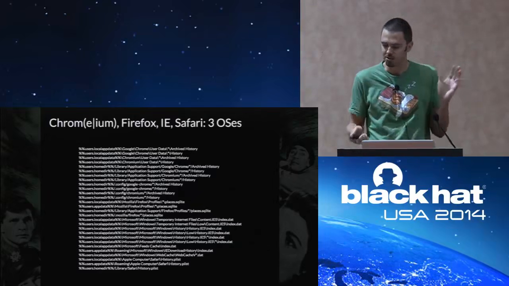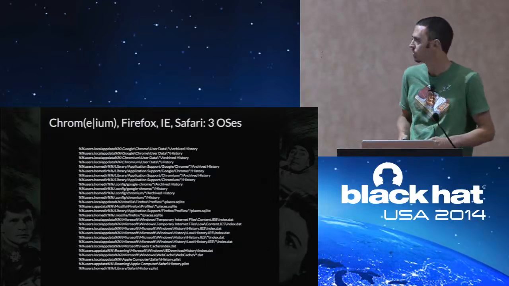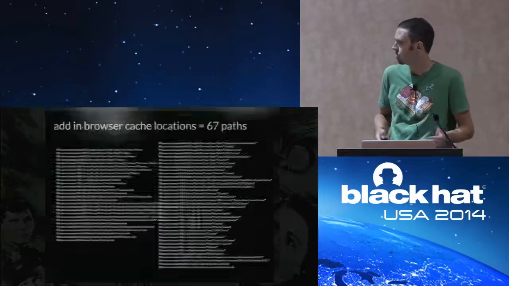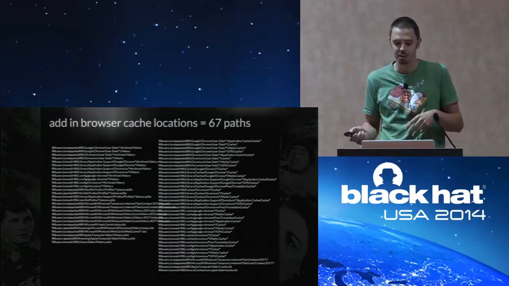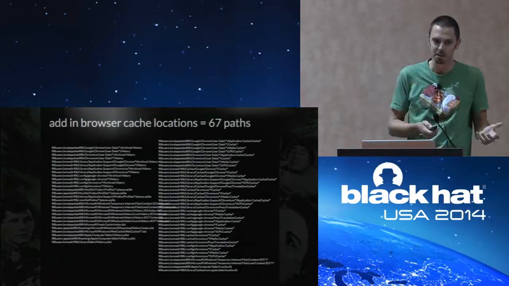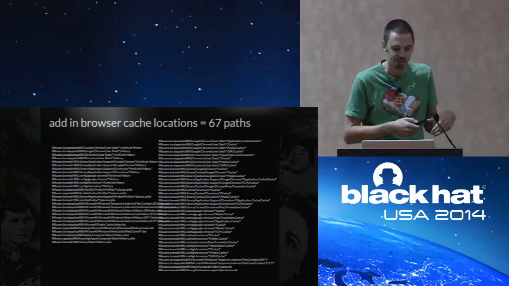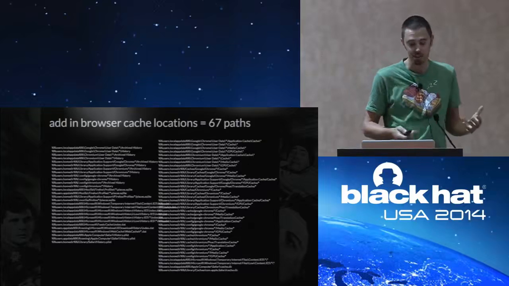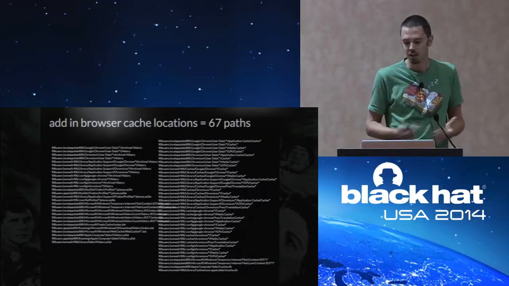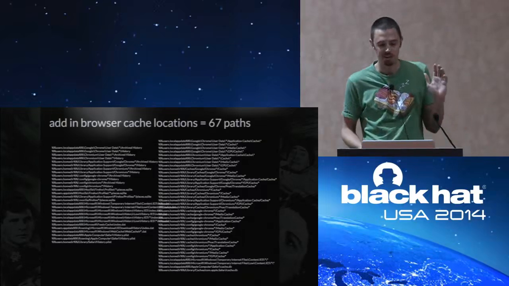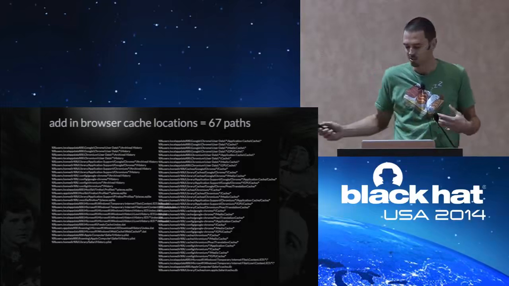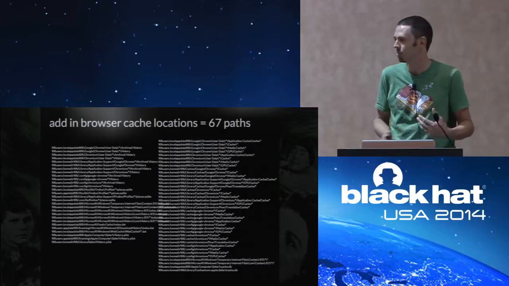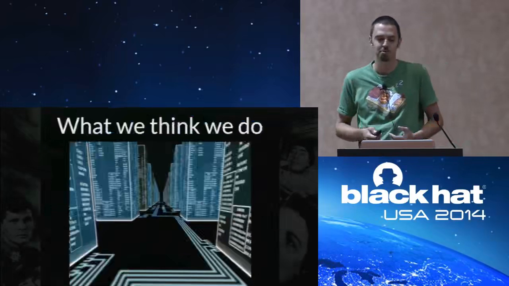But let's say 30 paths or so for the major browsers, 3 operating systems. Just the history. Then if you think, well, now I'm also interested in the cache location, so maybe when a user browsed to something, something interesting got downloaded into the cache, and I'm interested in that file, I might want to go looking in there as part of an investigation. Now you're talking about 67 paths, and you can see, as we expand the amount of software that we consider, there's tons and tons of information here, and more than we can really hold in our heads properly.